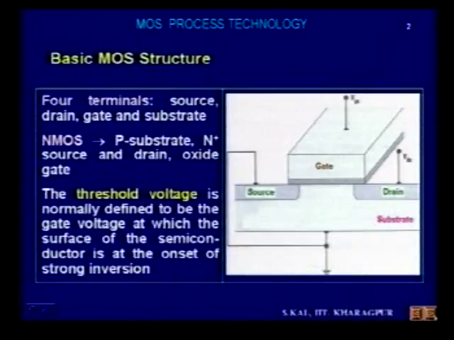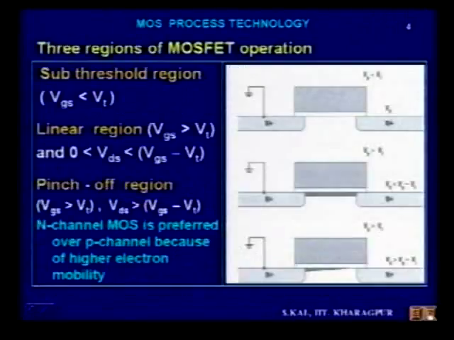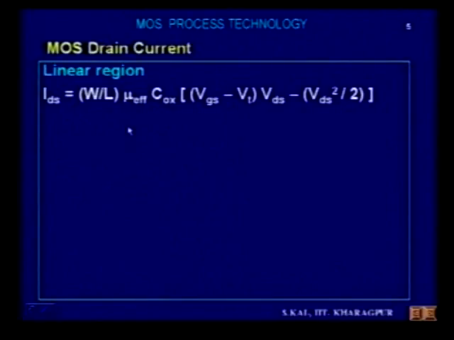Here, from here to here is the channel length, and from this region to this region is the channel width. So the W by L ratio is one governing factor in MOS currents and many MOS parameters. The channel width to length ratio is very important in determining the drain current IDS. Now, this is the linear region.